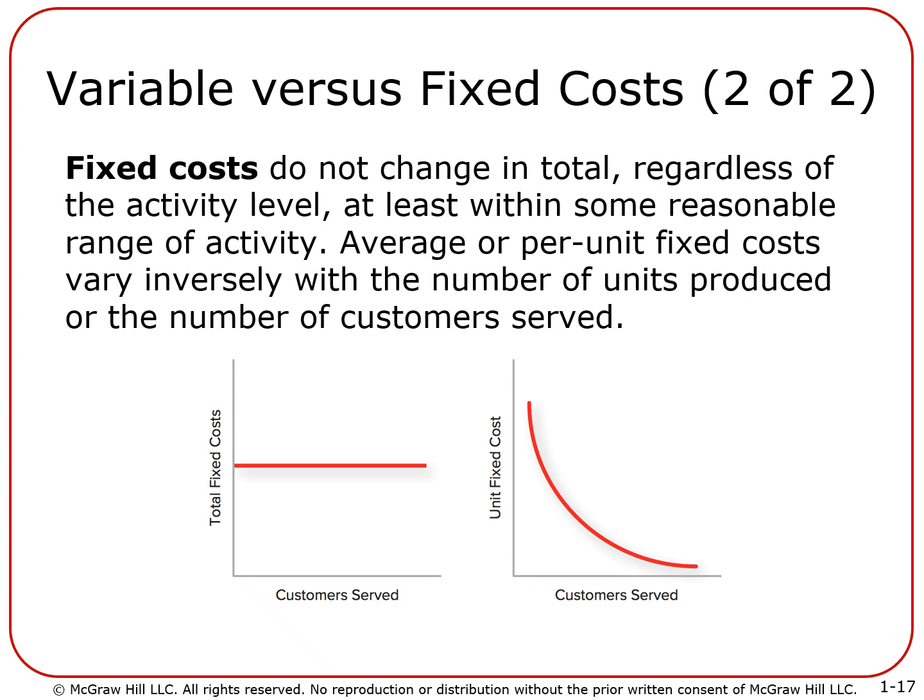So as we keep on increasing the number of customers, unit fixed cost decreases. So remember this, the total fixed cost is not changing, but unit fixed cost is a downward sloping line. It keeps on getting lower and lower as we keep on manufacturing more and more units of product.